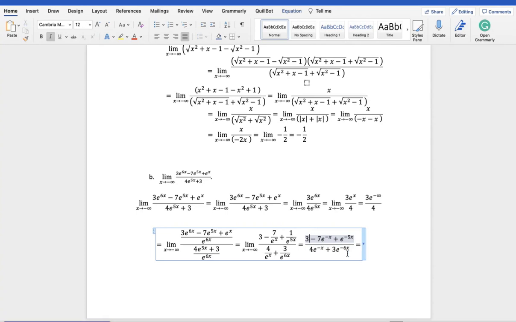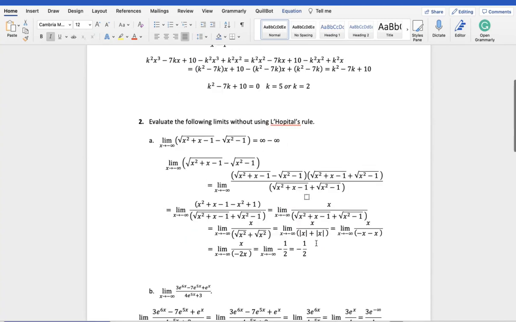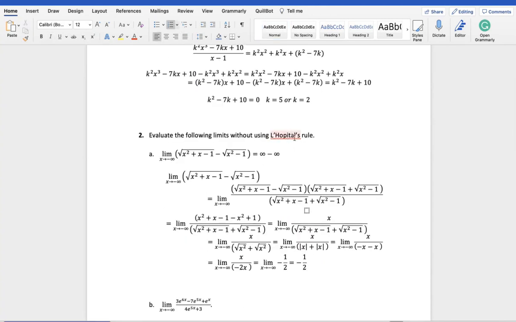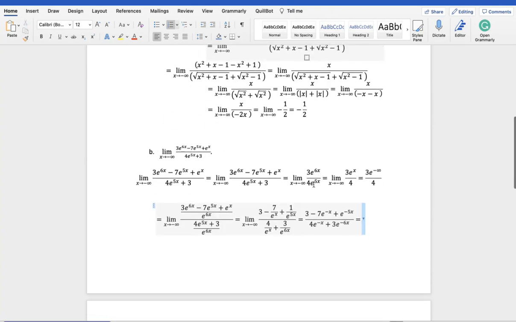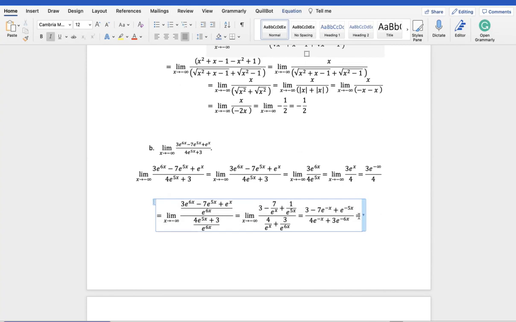Okay, so you'll have infinity over infinity, which will require you to end up using L'Hopital's rule, which is not what we want. Yeah, so you might have to use L'Hopital's rule. And that means that you're just going around in circles.